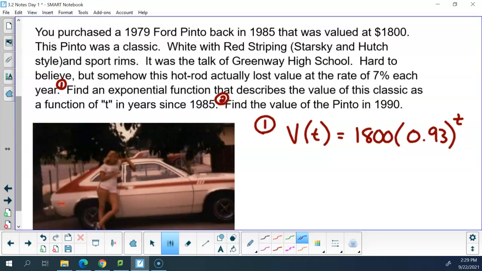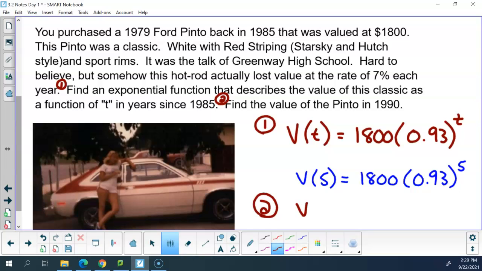So I'm going to plug in 5. I'm going to find V of 5. If t is 5, then the value in 1990 should be $1,252.24.